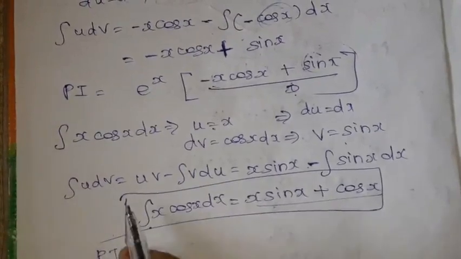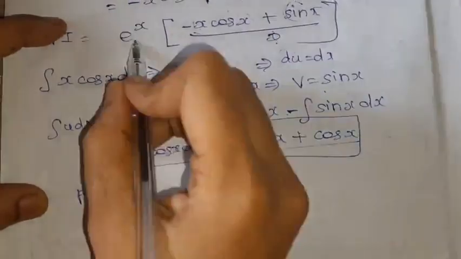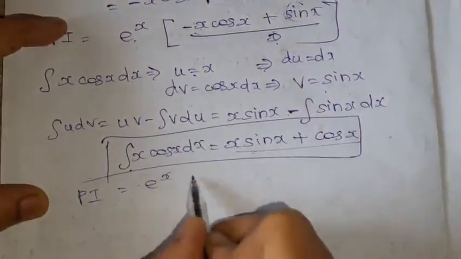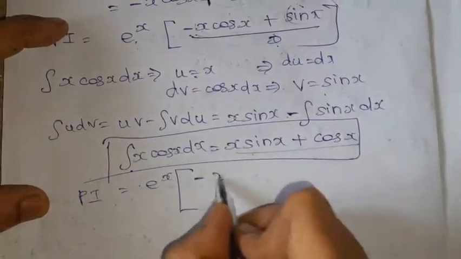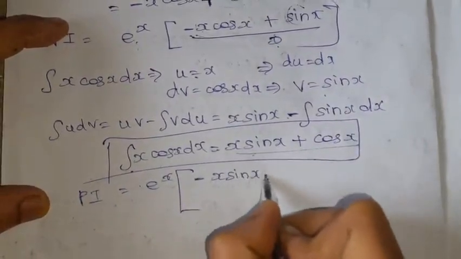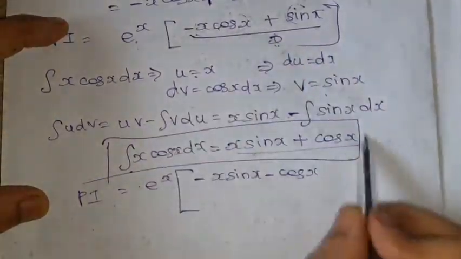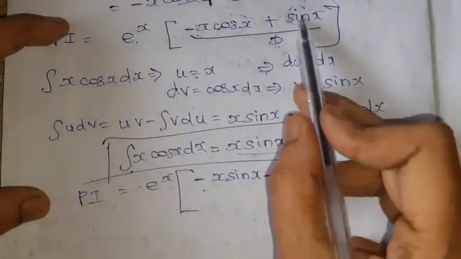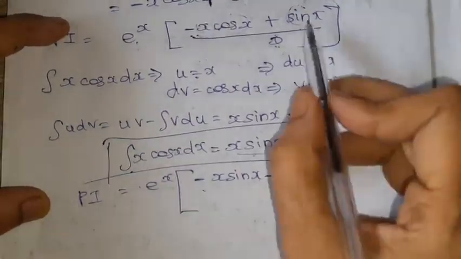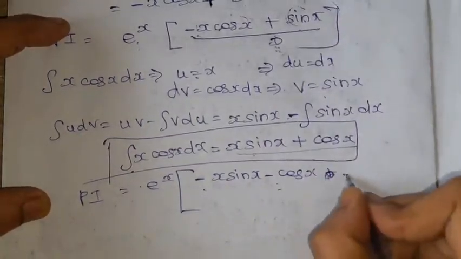Equal to e power x, minus, include that minus sign, minus x sin x minus cos x. Then we have integrated this part, then integrating plus sin x already there. Whenever integrating that, we will get minus cos x.